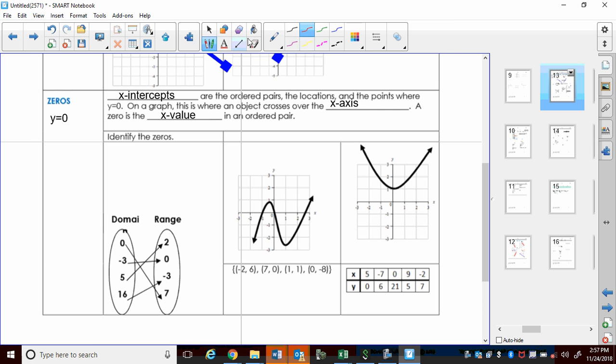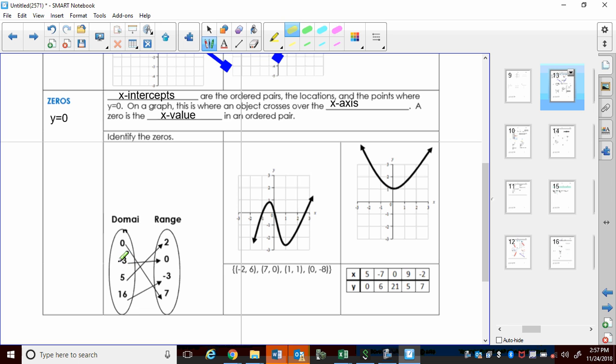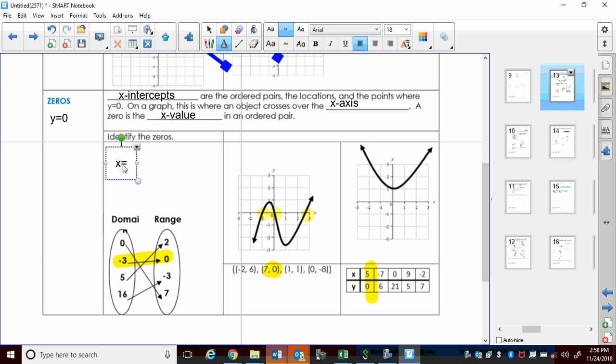So I'm just going to go through and highlight these places where y equals 0, and there's an x value that pairs to it. So here, the first one is negative 3, 0. I have an x value here, here, and here. I do not have one in the third graph. I do have one here, and then for the last one, I have one here, and that's it. So I'm going to go back and write these zeros. So we write x equals negative 3.